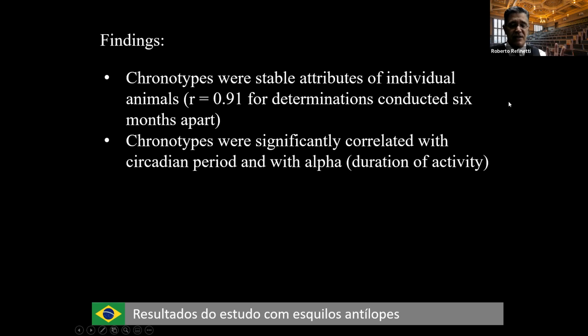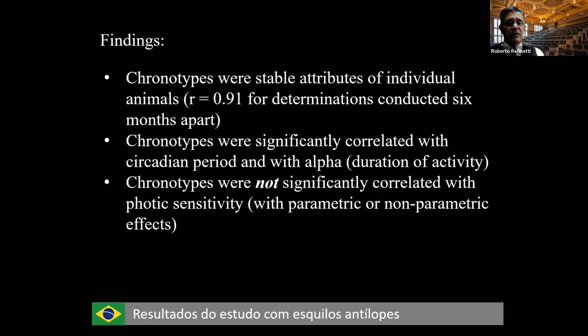Anyway, a difference in circadian period affects how much light you need to get each day, and therefore when you need to start getting light. So that could determine the phase of entrainment, what we call the chronotype of the animal.